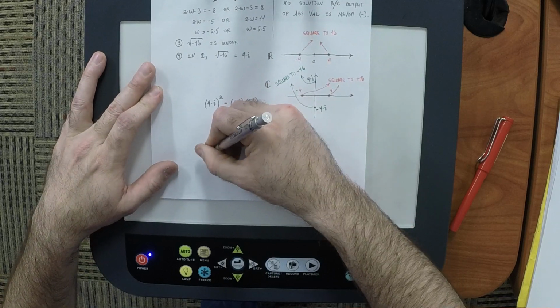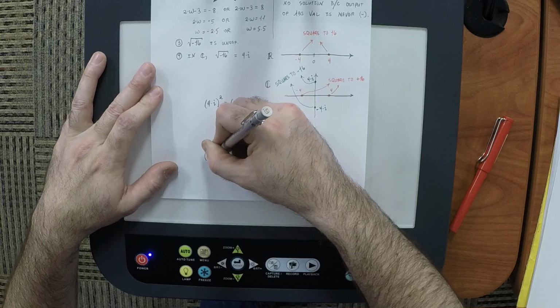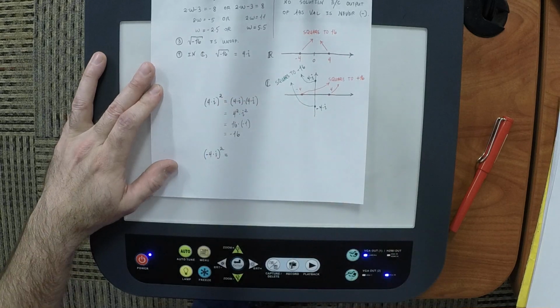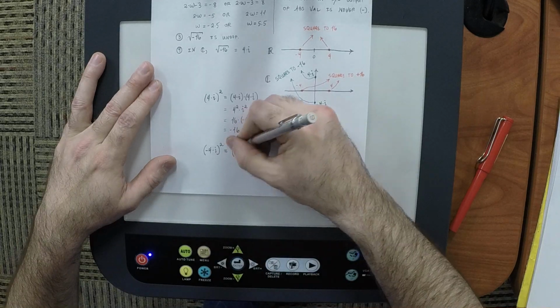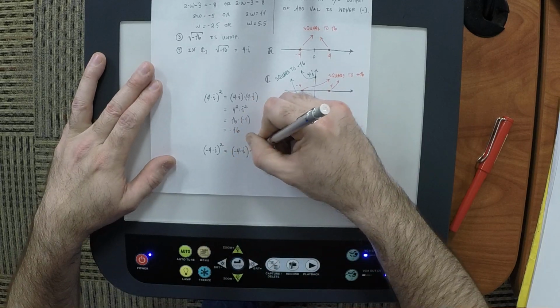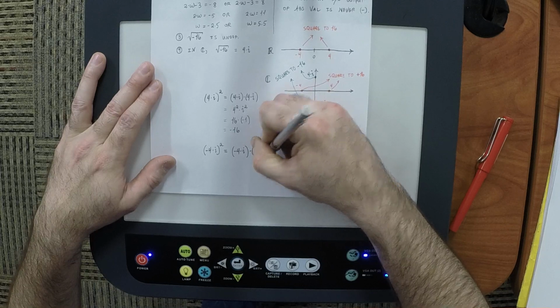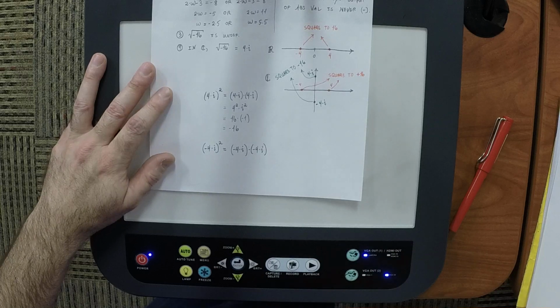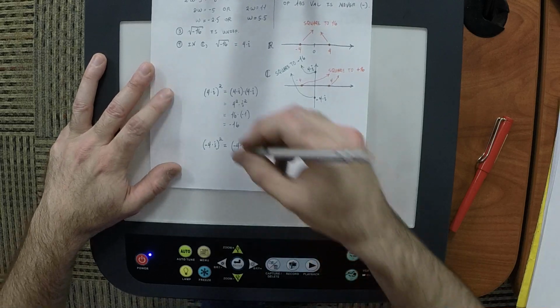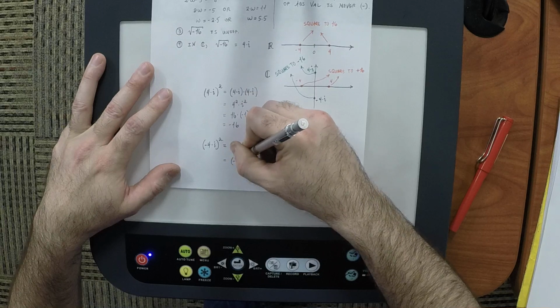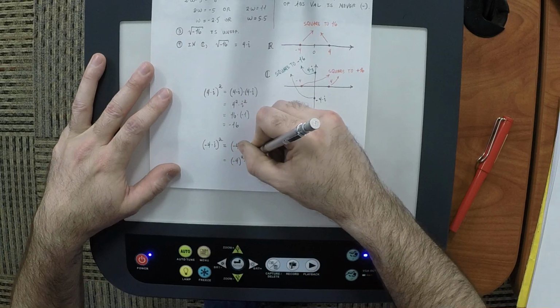What I want you to observe is that a very similar thing occurs when you square negative 4i. You get negative 4i multiplied by negative 4i. We can commute the negative 4's to the front now, so that we'd have negative 4 squared multiplied by i squared.